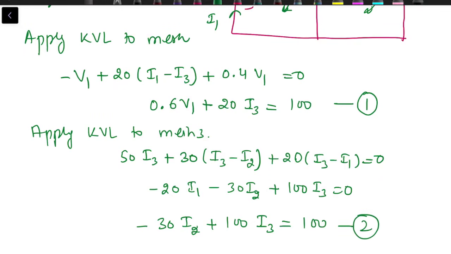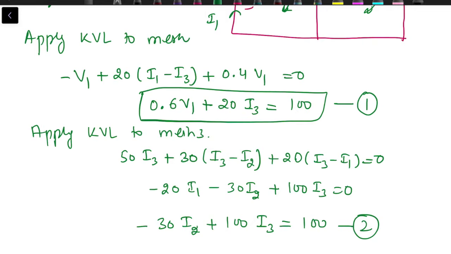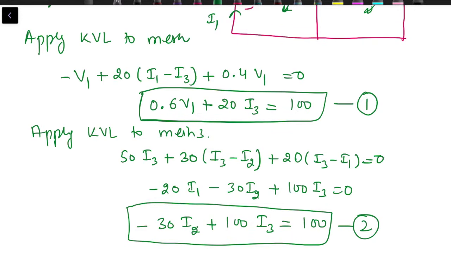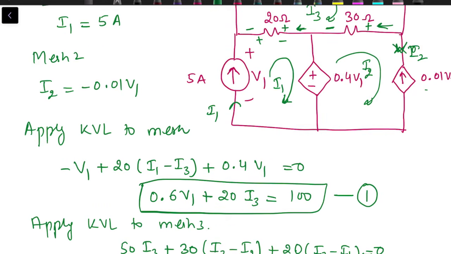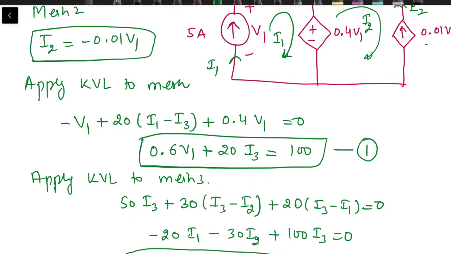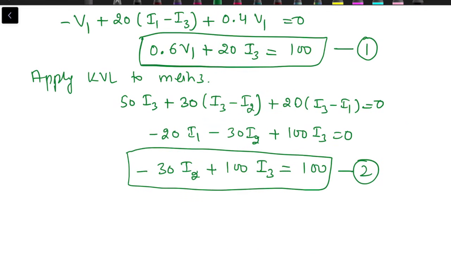So what we see is that we have two equations. First one involving V1 and I3. Second one involving I2 and I3, but we have three different variables. So what is the third equation? Third equation is from here, I2 plus 0.01 V1 is equal to 0.